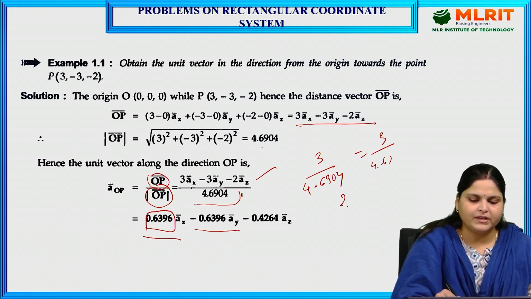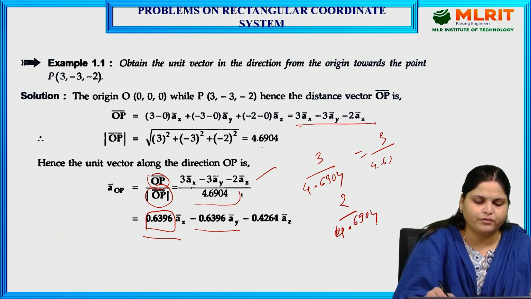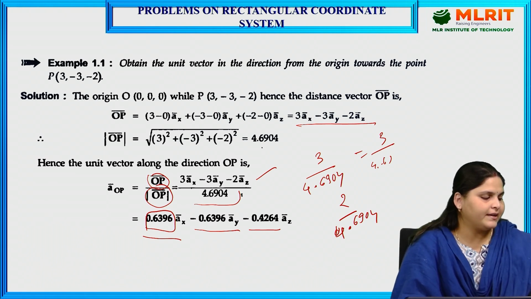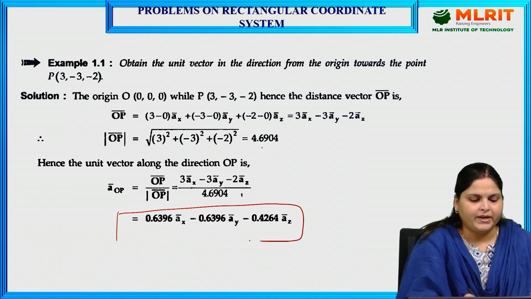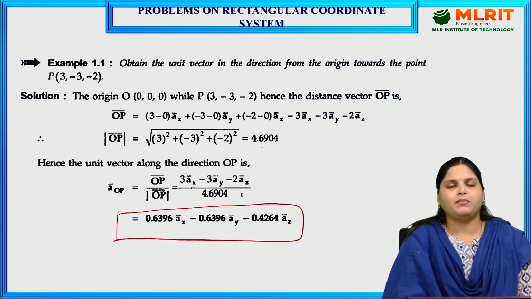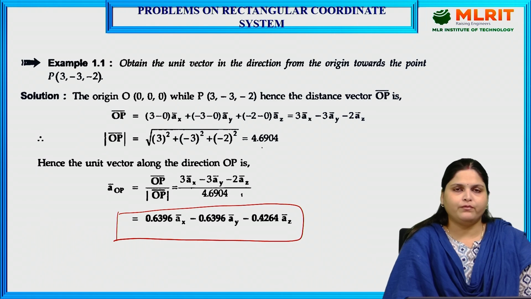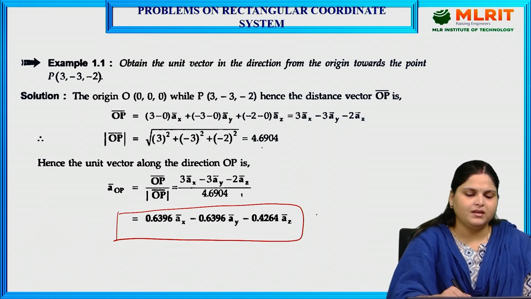Then we divide 2 by 4.6904 and get 0.4264 az. So finally the unit vector is 0.6396 ax minus 0.6396 ay minus 0.4264 az. So this is the answer.